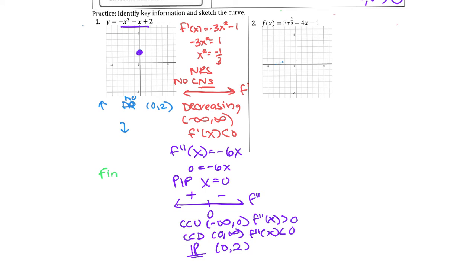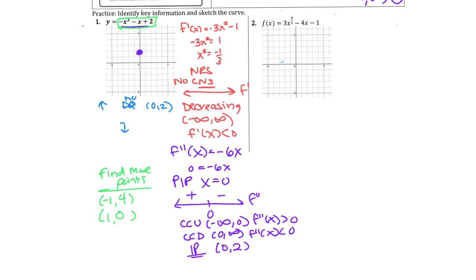So find more points. And I'm going to plug in things that are easy to plug in, like negative 1 and positive 1. And I'm going to plug them into my original function. If I plug negative 1 into my original function, I'm going to get 4. And if I plug positive 1 into my original function, I am going to get 0.